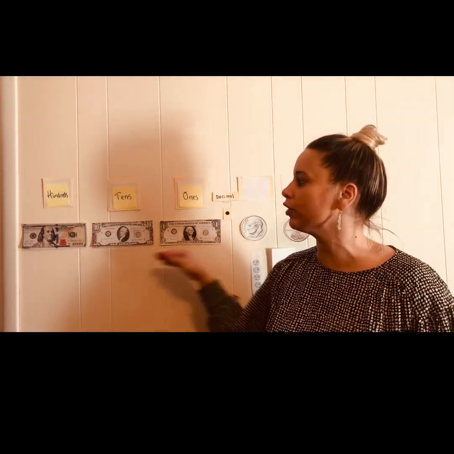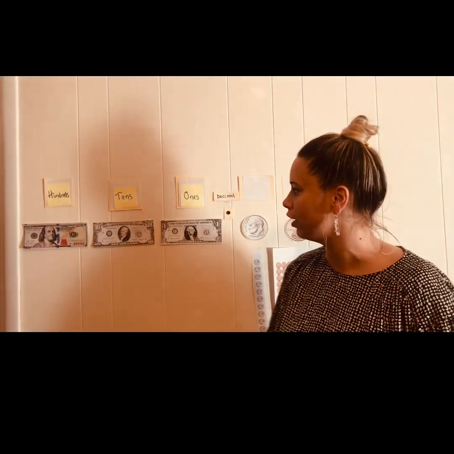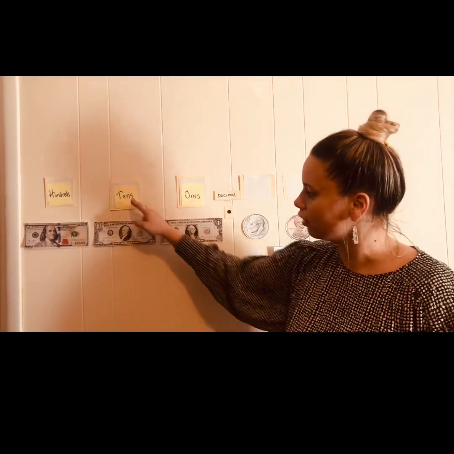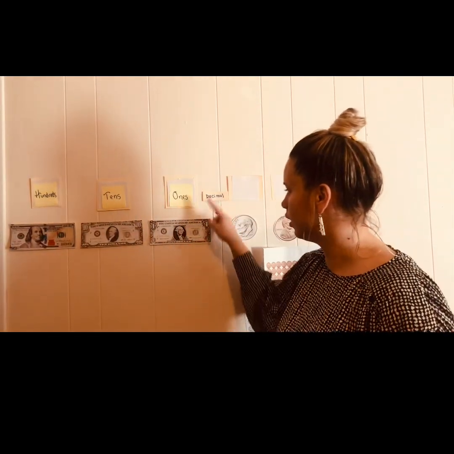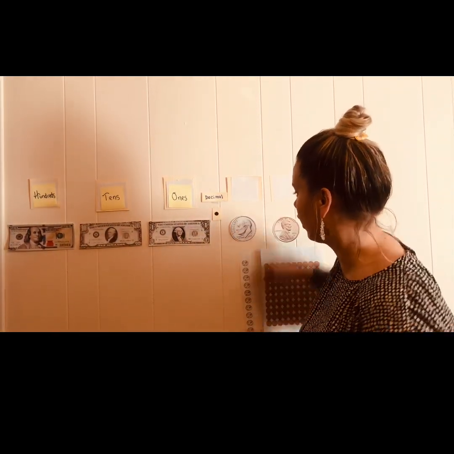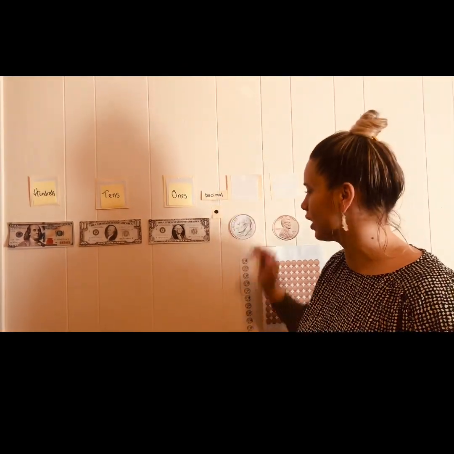But let's quickly review the place values to the left. We have ones, tens, hundreds, and it keeps going. This is our decimal. The first place value to the right of the decimal is called tenths.